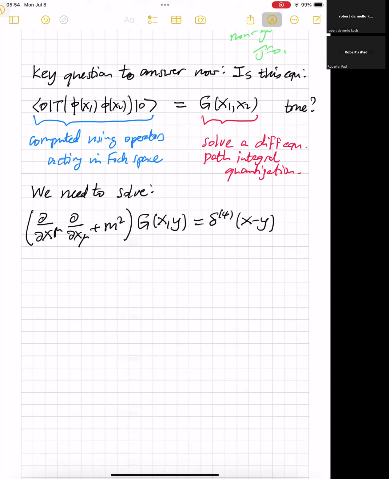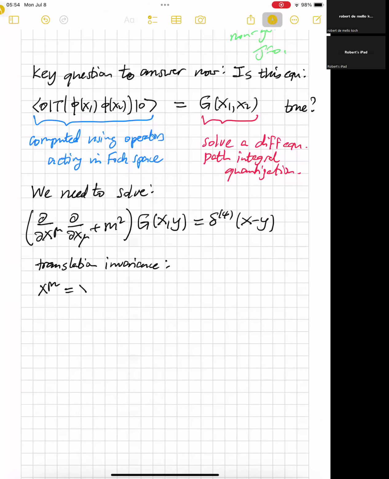And the first thing that we're going to do is make an observation about translational invariance. That's what we're studying now, okay? So to do that, we're going to imagine making a change of variables. We've got our variable x^μ.